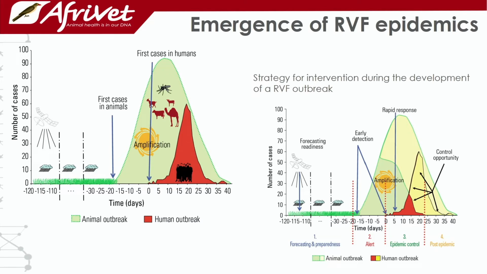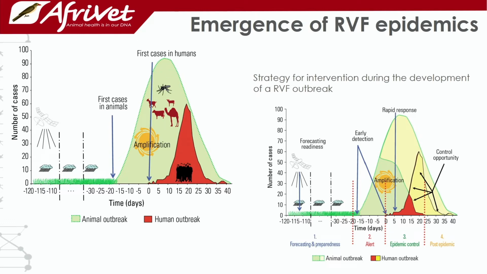So they've come up with this model which shows clearly that in the first 3 months before an outbreak, you can predict by monitoring the weather and the vegetation cover. And then sometimes it will lead to an outbreak, or sometimes not.